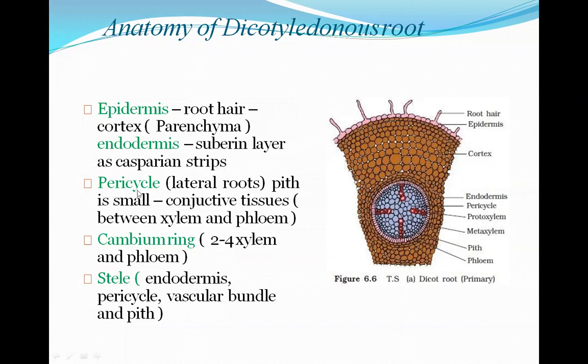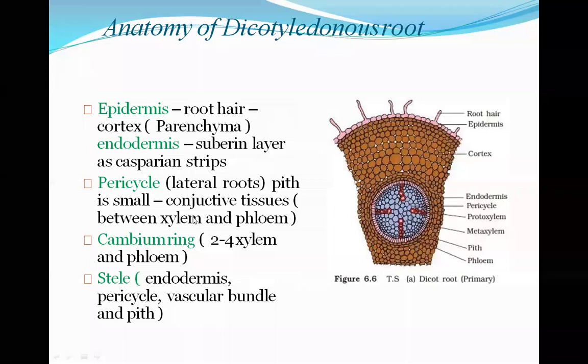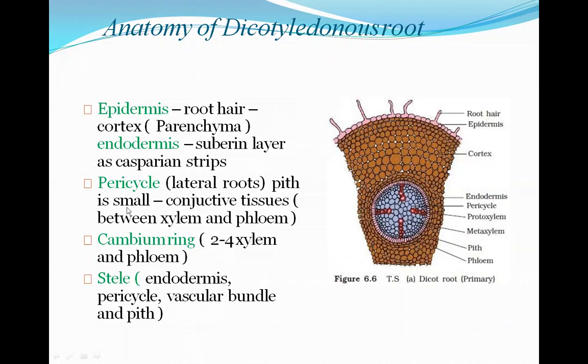Next is the pericycle. This pericycle has the lateral roots, and the pith is small with conjunctive tissues which are present between the xylem and phloem, right? So you can see this circle which has the pink, blue and red colored structures inside it, right? This circle is the pericycle.